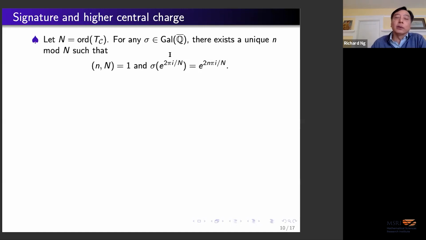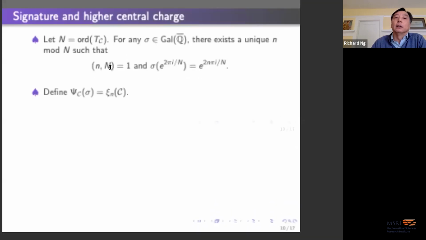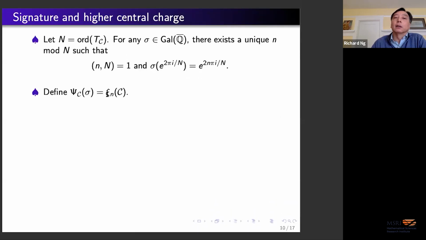So there's only one such n modulo the big N. For each sigma, I have only one such n, so I have no ambiguity in writing down the central charge. I can define my central charge of sigma of C as this central charge. This is the key point here: we formulate the central charge in terms of an element of the absolute Galois group instead of integers.